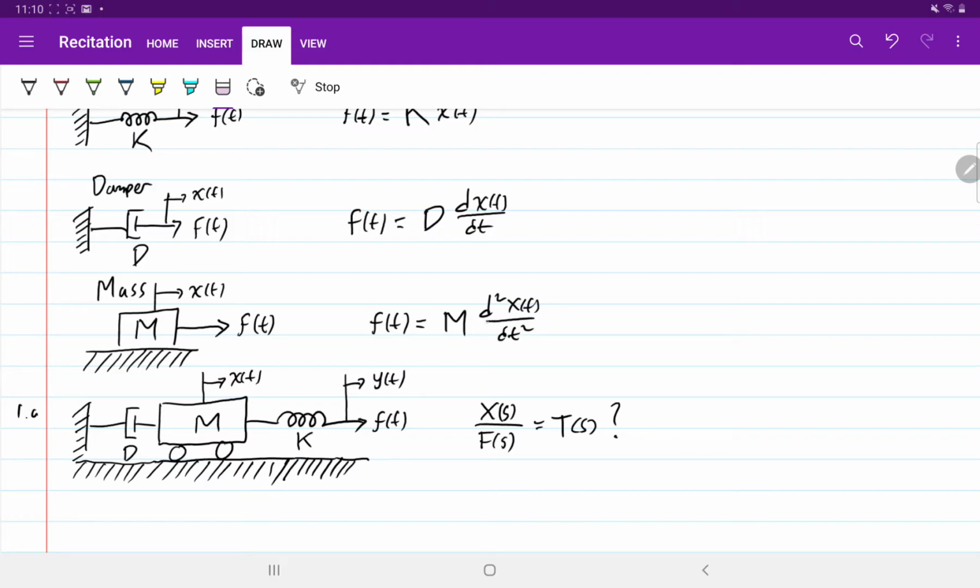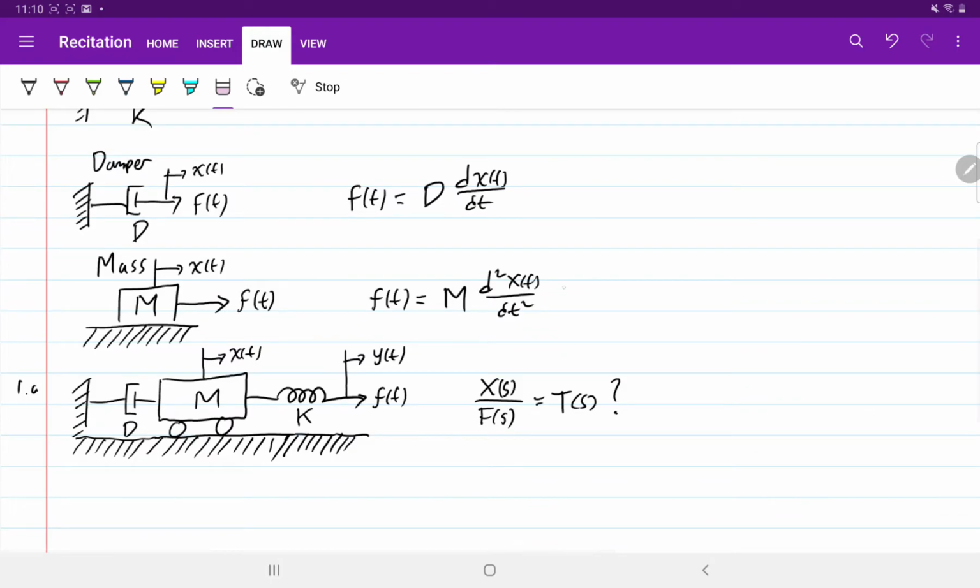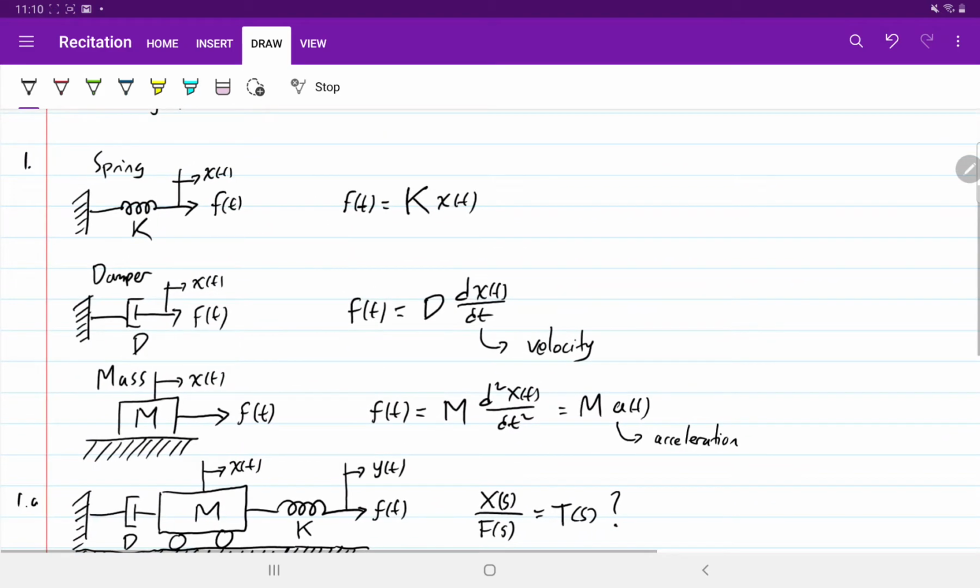So m times d squared x of t over dt squared, which is m times a of t. So a is acceleration, this is velocity, and let us just say that this is displacement.